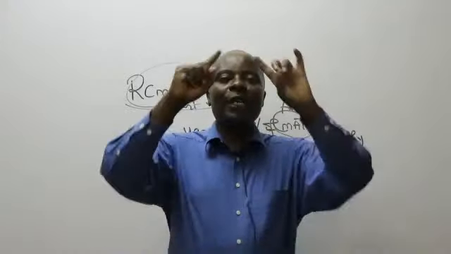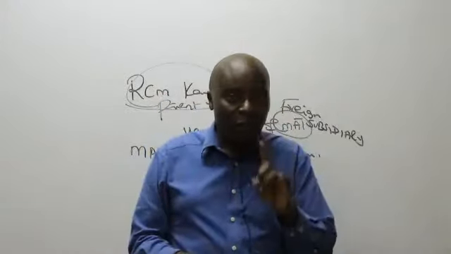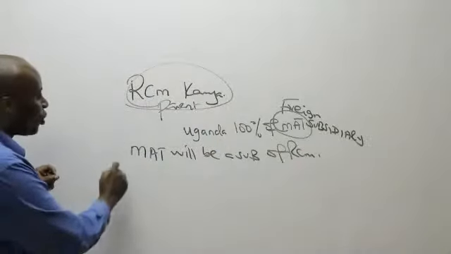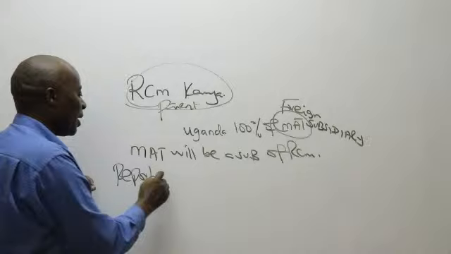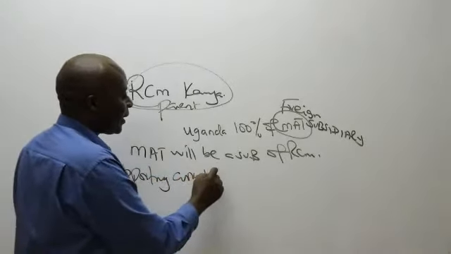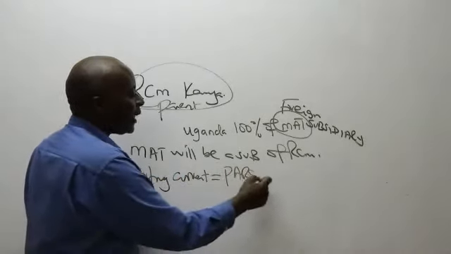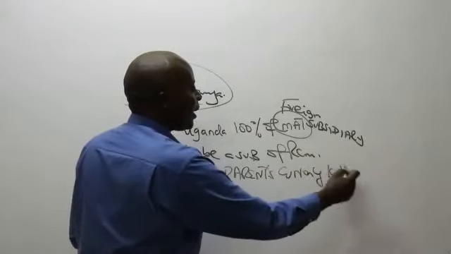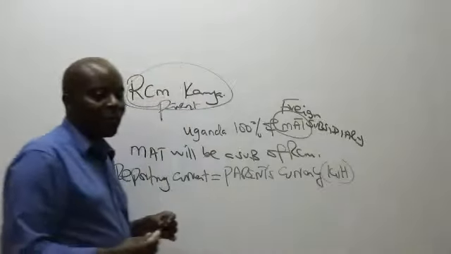The group financial statements here must be in a single currency called what here? The reporting currency. So reporting currency is the same as what here? The parent's currency, which in this particular case will be the Kenya shillings.